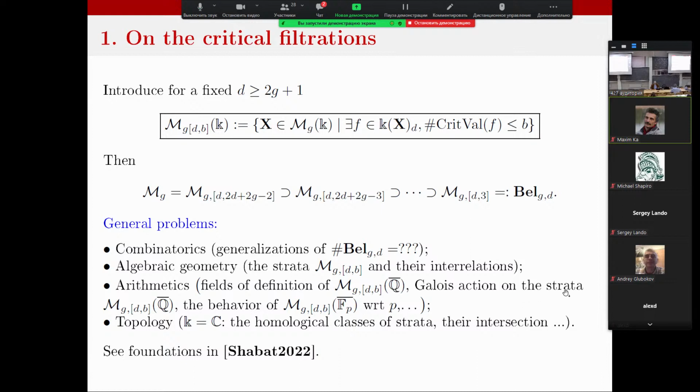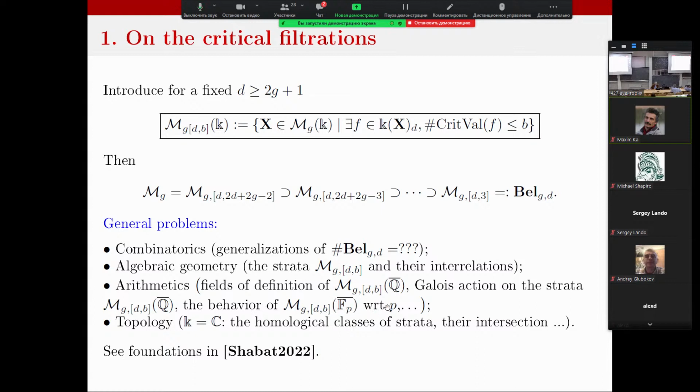They are acted upon by the absolute Galois group, and the most popular problem in the theory of dessins d'enfants was the study of this action on the Belyi pairs themselves. And the other, I have said recently that it is profitable to consider the objects over various fields.